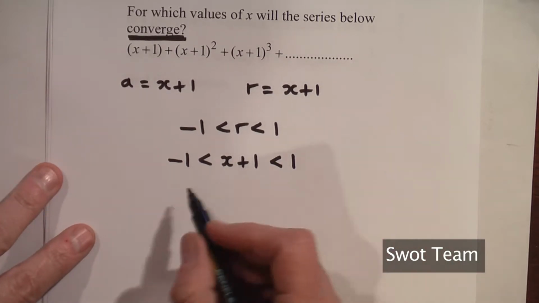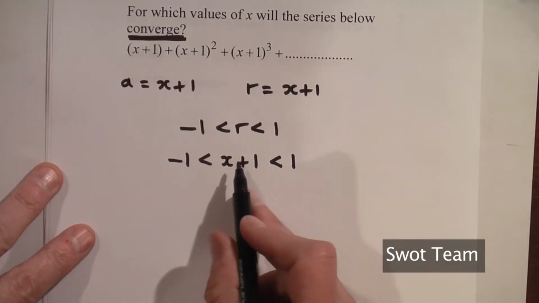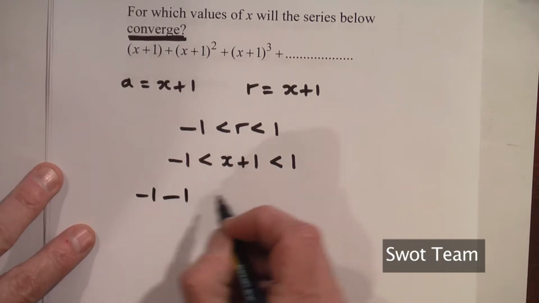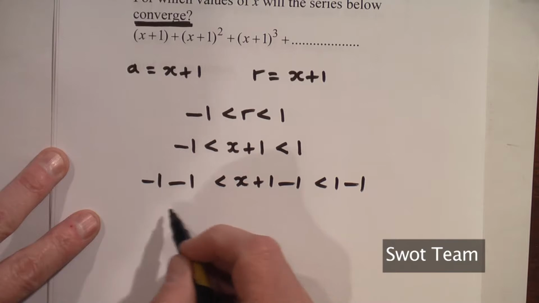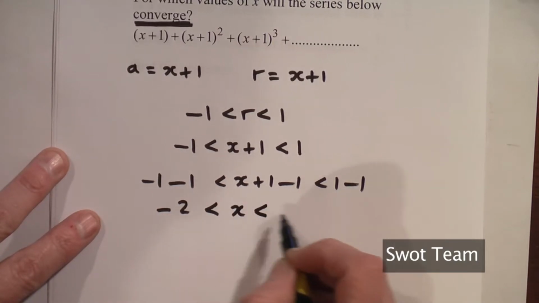And this reminds me of a grade 10 formula. Do you remember in grade 10, compound inequalities? Have a look at this. If we want to solve for x, all I'm going to do is subtract 1 to get x on its own. If you minus 1 from everybody, this comes to -2 less than x less than 0.